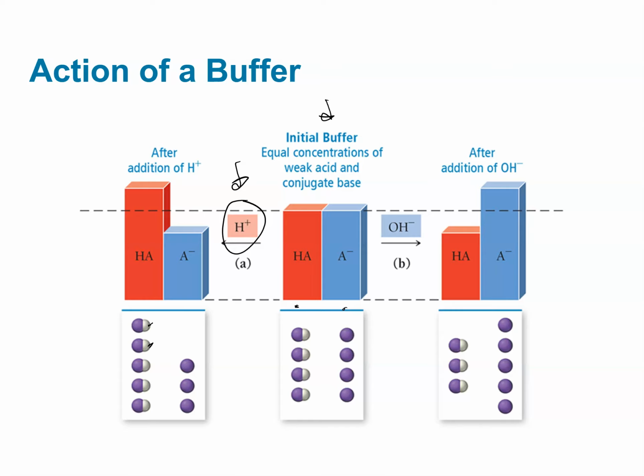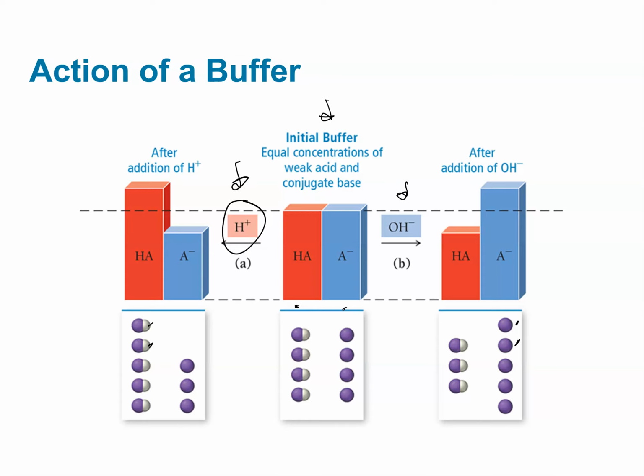Likewise, over on the right, what if we add hydroxide? If we're adding hydroxide, it's a strong base. It wants to react with an acid, so it's going to react preferably with our weak acid, HA, by deprotonating it. So it's going to start taking those little gray protons off.